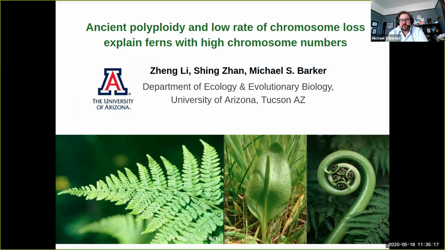Li is graduating soon, and will be starting a postdoc sometime here in the fall, but when he's ready to tell everyone where that's at, he'll let us know. Today, Lee is going to tell us about research that he's been conducting for the last few years, studying ancient polyploidy, and in particular whether ancient polyploidy and a low rate of chromosome loss explain ferns with high chromosome numbers. With that, I'll let Lee take over.